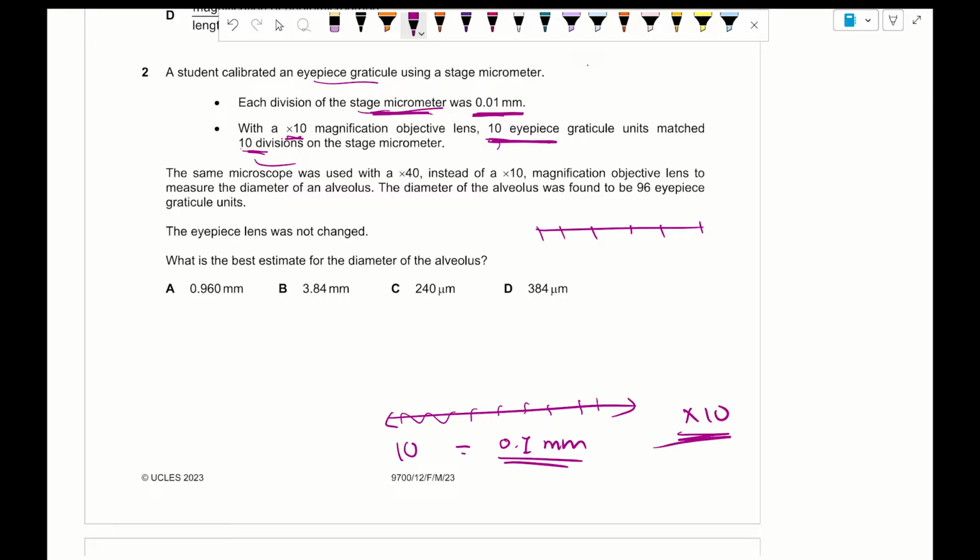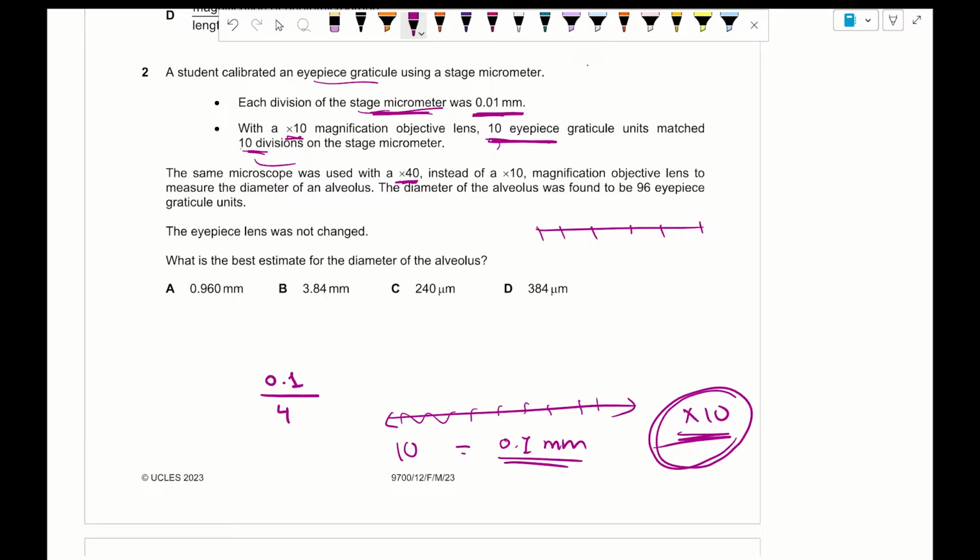Now, we want to know that same calibration at times 40 magnification. We know at times 40 magnification that we are zooming in deeper. So what we must do right now is divide 0.1 by 4, because we just said that 10 eyepiece graticule units at that magnification is going to be 0.1 millimeters.